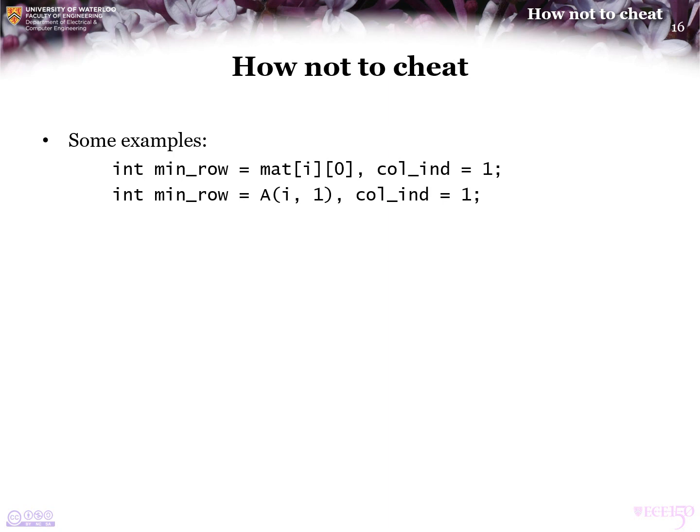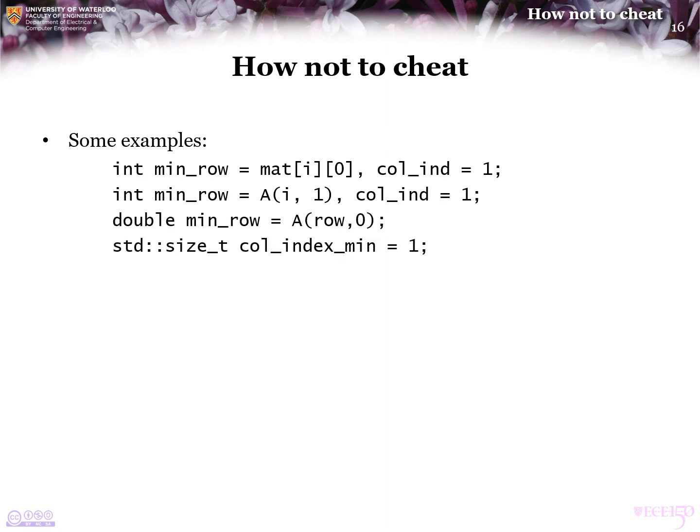Column index is also initialized to 1 as per normal. Other students changed int to standard size t, not double, but standard size t. Here's one brilliant student who was smart enough to change int to double, but is still accessing the matrix as if it was a two-dimensional array.